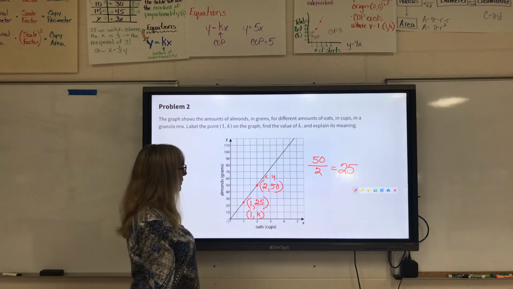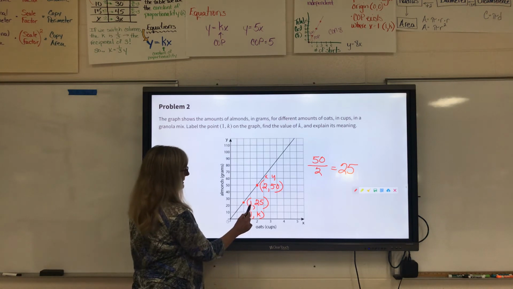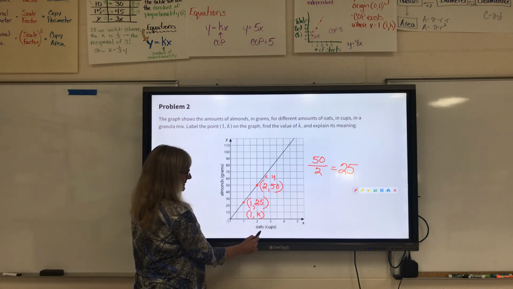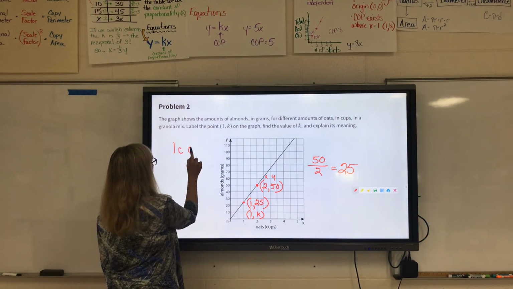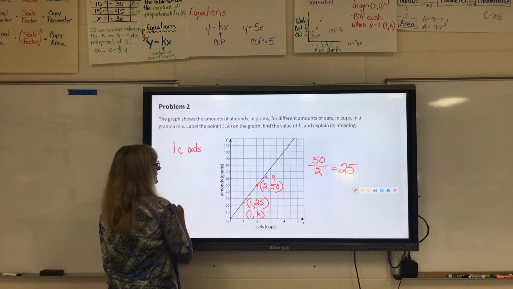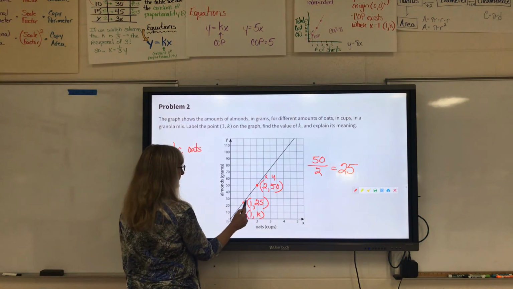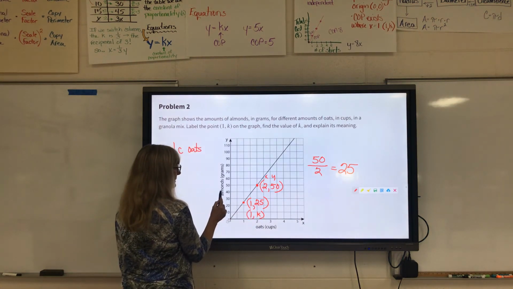Now what does this point mean? Well, what does X represent? One cup of oats. Okay, so 1 cup of oats. And what does Y represent? Almonds in grams.